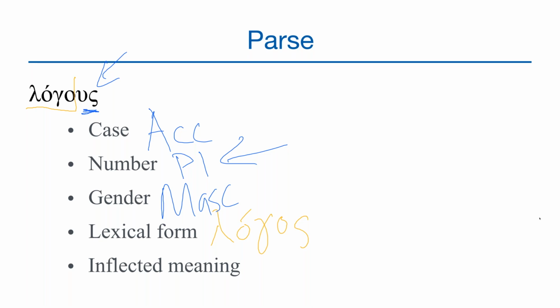Not just plural form? Right, so what is the plural of word? Words. Yeah. Words. So that's how that works. So logos would be the plural masculine from logos, meaning words. Does that make sense? Yes.